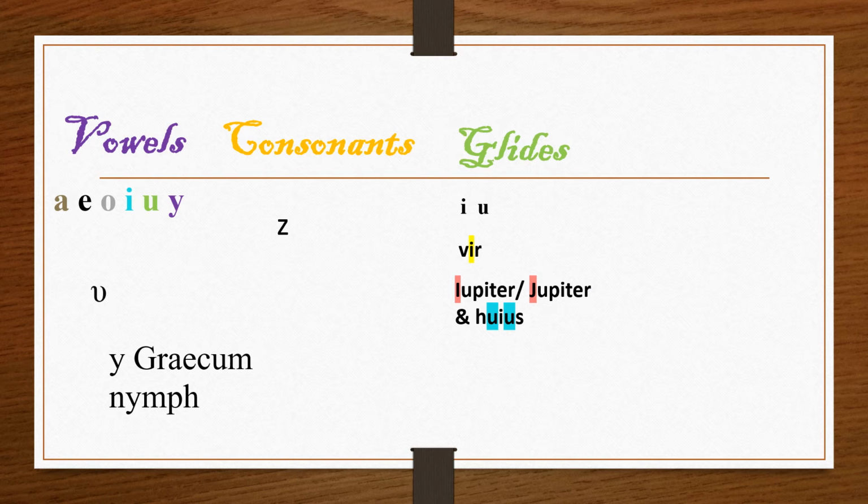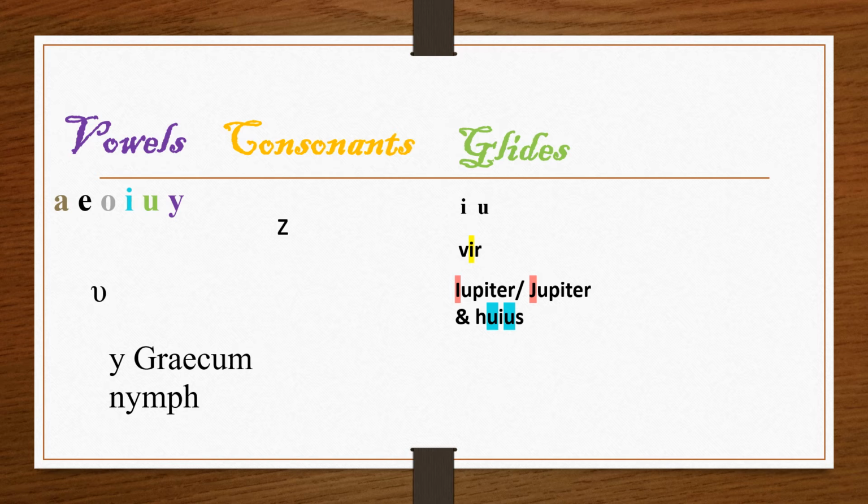In the second case, the I is at the beginning of the word Jupiter, and it is followed by another vowel, and in the word huius is in between two vowels. So, the above explanation works as a rule as well on whether or not the I acts as a consonant.